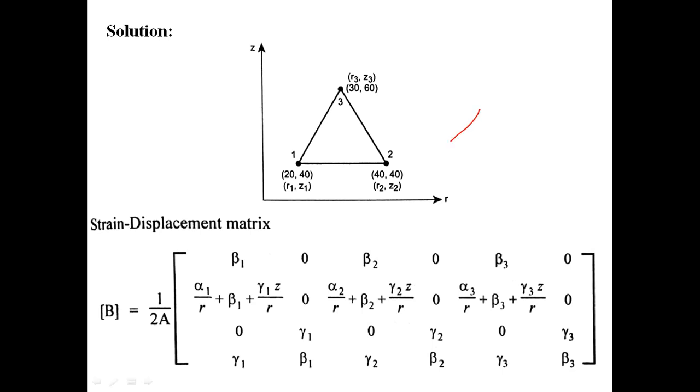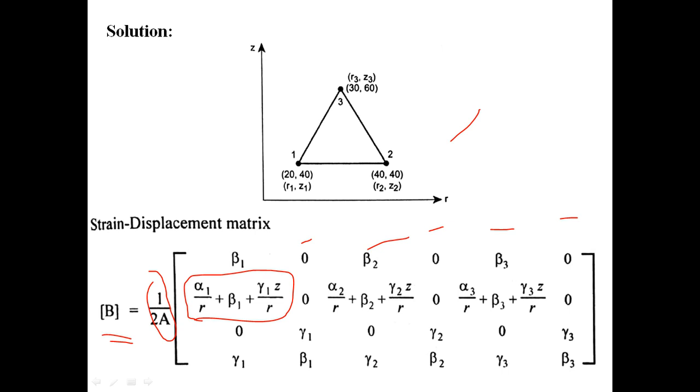That means 1 by 2A into beta 1, 0, beta 2, 0, beta 3, 0. And here, just keep in mind the term: alpha 1 by r plus beta 1 plus gamma 1 z by r, then 0, alpha 2 by r plus beta 2 plus gamma 2 z by r, 0, alpha 3 by r plus beta 3 plus gamma 3 z by r, 0, and the remaining in alternating order: 0, gamma 1, 0, gamma 2, 0, gamma 3, then gamma 1, beta 1, gamma 2, beta 2, gamma 3, beta 3.